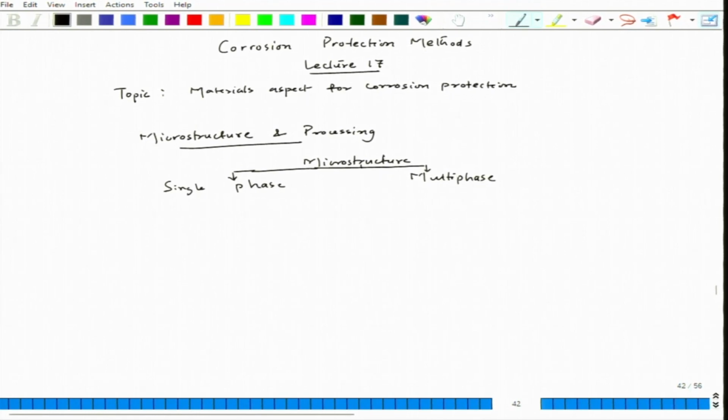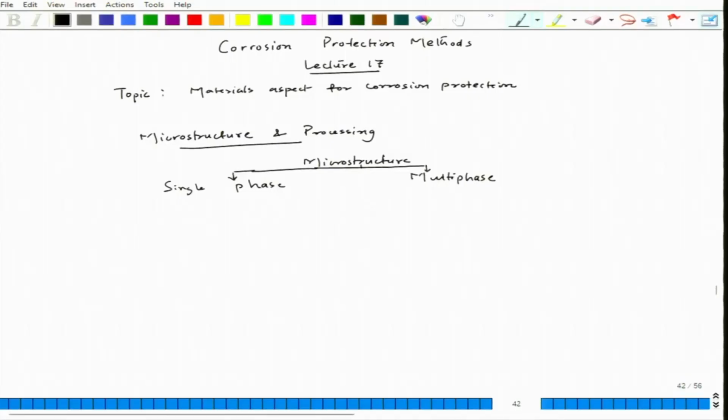Like, let us say it is a plain carbon steel. Then to get a single phase microstructure, you have to go to a very low carbon level, of the order of 0.002 weight percent if you consider plain carbon, as per our phase diagram of the iron carbon system. But that level of carbon is difficult to achieve. So we have to go to a double phase, multi-phase region where we can have cementite and ferrite.